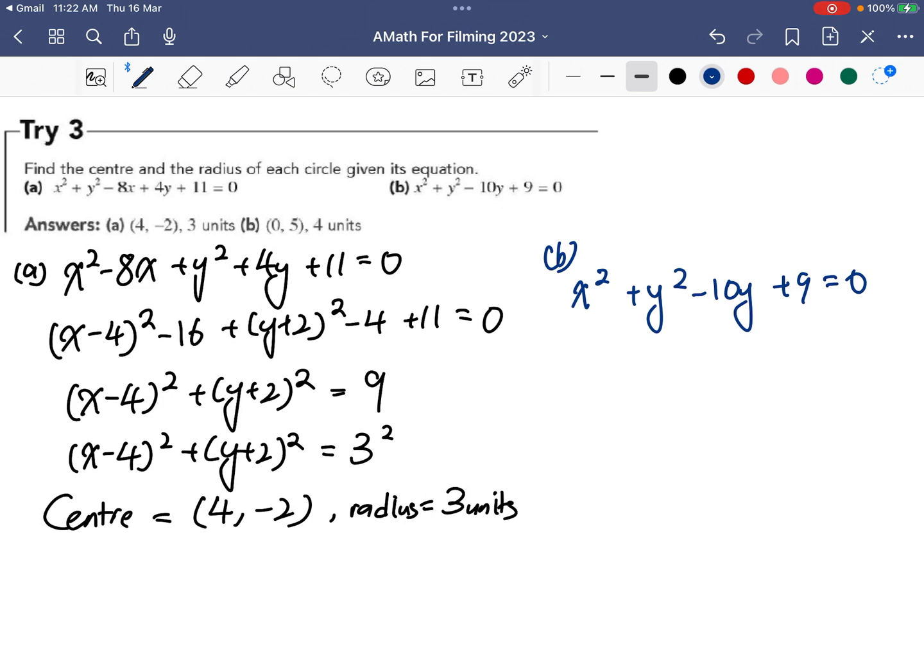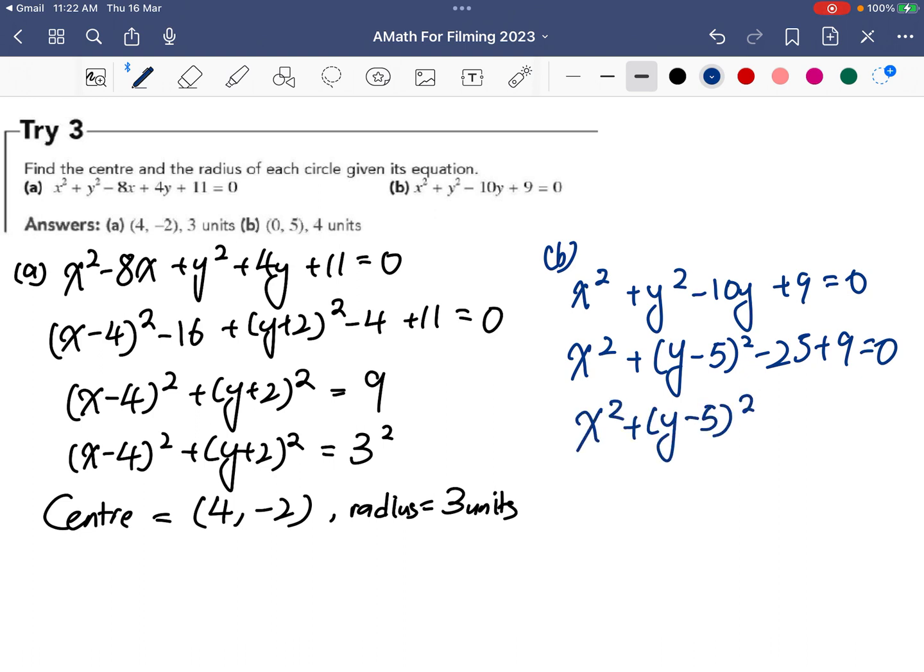So x squared, we just leave it alone, nothing to complete the square. y squared minus 10y will give me (y minus 5) squared minus 25 plus 9 is equals to 0. So I get x squared plus (y minus 5) squared equals to 16, which is 4 squared. Hence, for part B, my center is equals to 0 and 5, and my radius is 4 units.